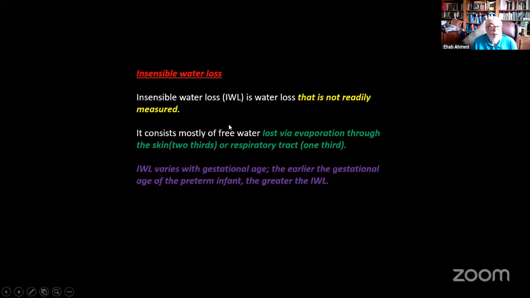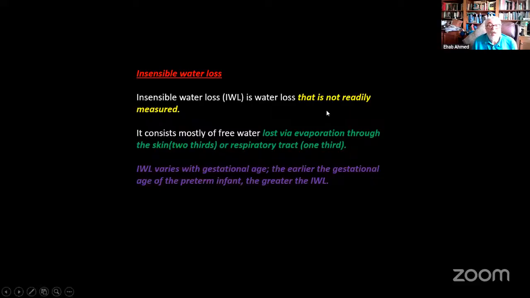But there is an insensible water loss, which is extremely important in the preterm baby, because the preterm baby has very thin, immature skin through which water is lost. It's mostly free water.